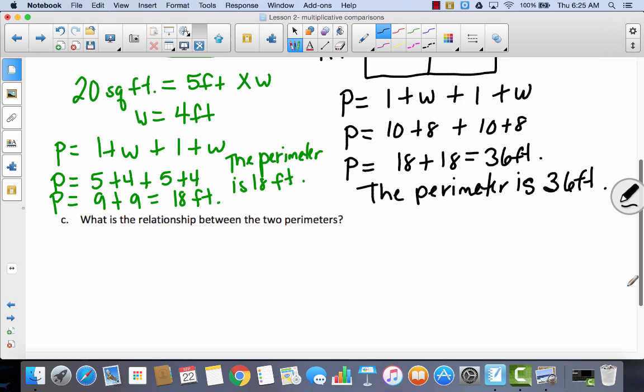Now it says, what is the relationship between the two perimeters? So I have 18 feet, and I have 36 feet. So I want you to take a minute just to think about, what do you know about 18 and 36?